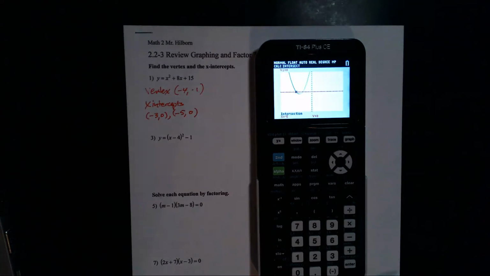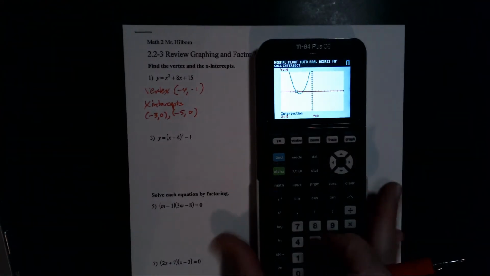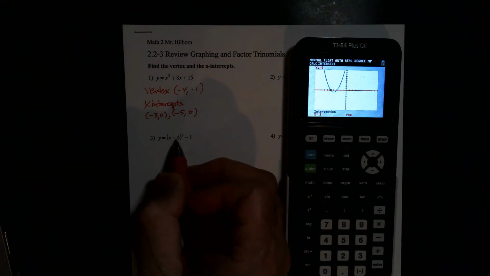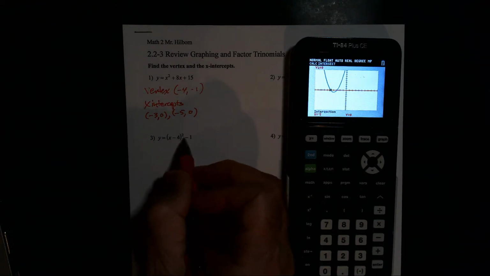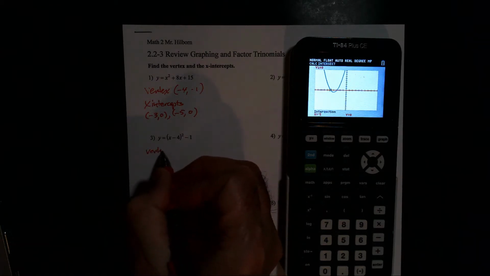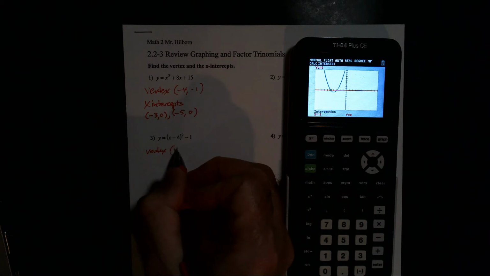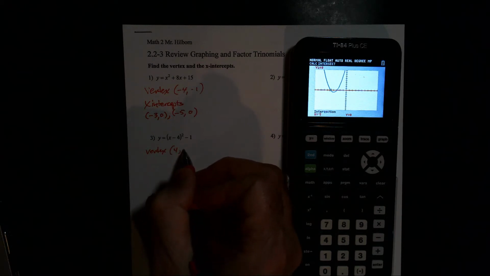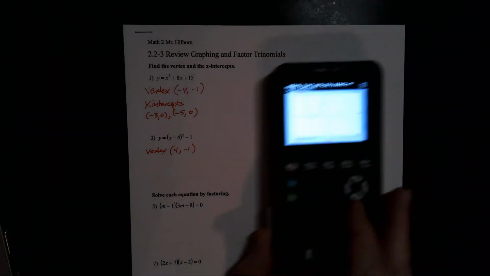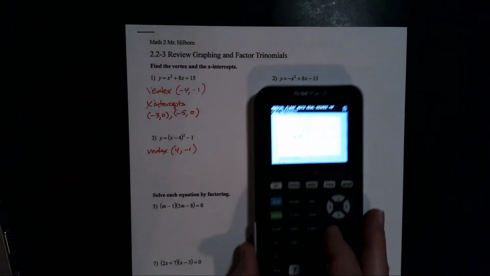Okay, now number 3 is vertex form, which we learned about yesterday, or hopefully we did. The x value of the vertex is always the opposite of what's in here, and the y value is always whatever that number is. So in this case, the vertex is going to be at +4, -1. Now to get the x-intercepts, I'm still going to use the calculator like we just did.